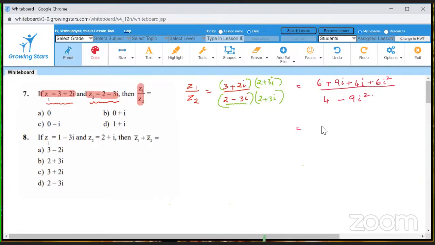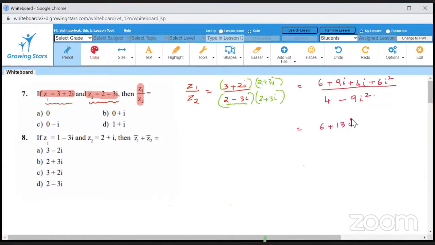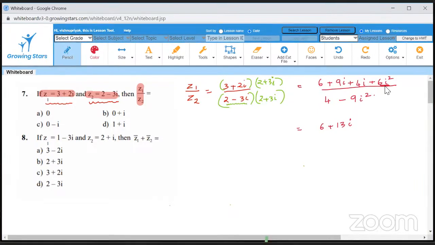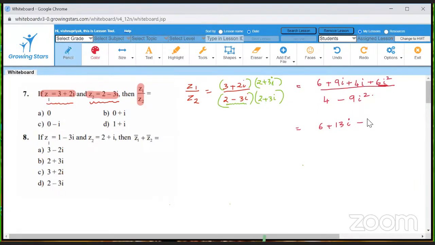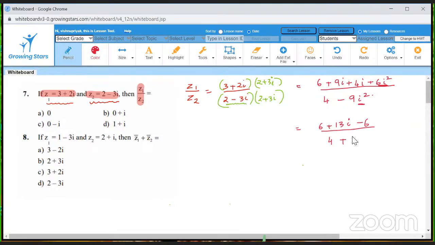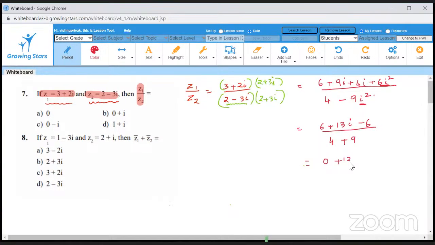So, in the numerator 6 plus 13i, and then i square is minus 1, so minus 6. By 4 minus i square, i square is minus 1, so plus 9. So 0 plus 13i by 13.